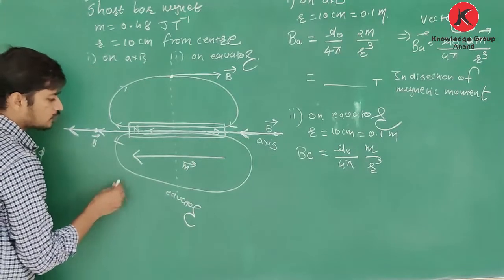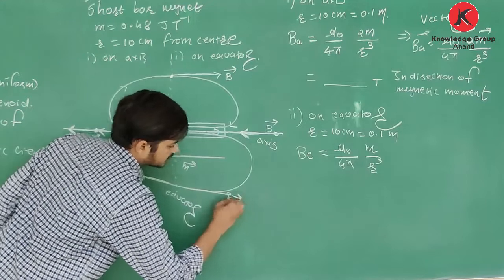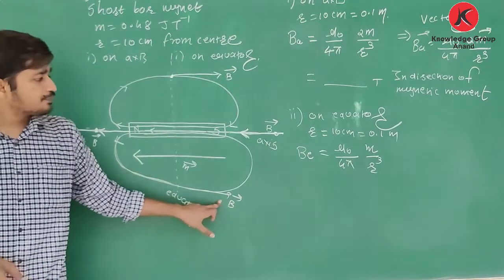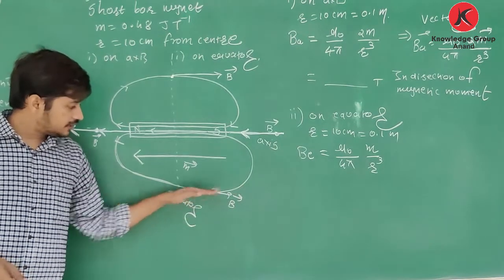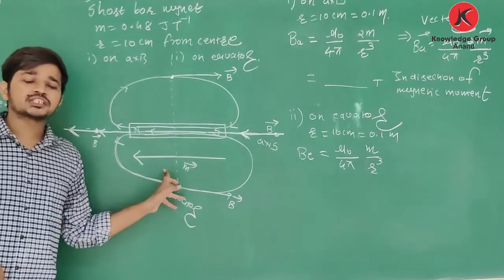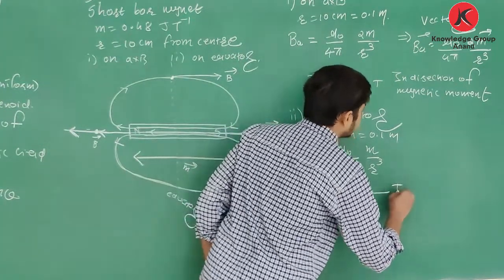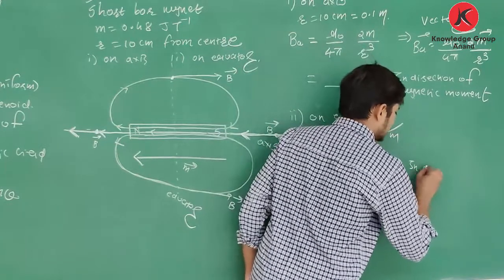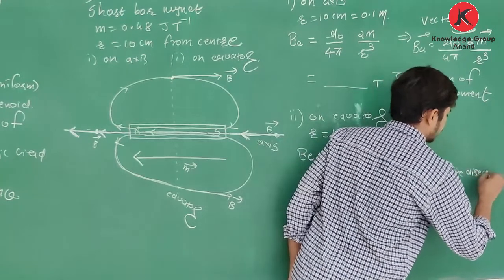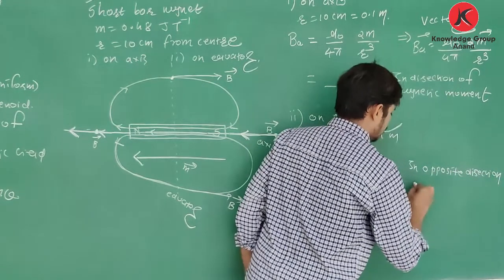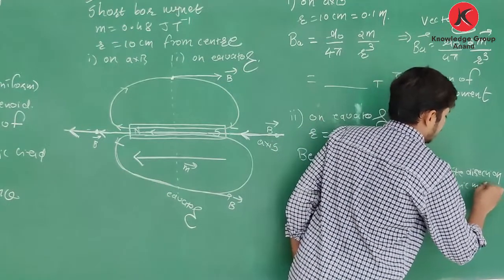From the north pole outside, at this point on equator, it is in the direction of the tangent. From the figure it is clear it is in this direction, which means in the opposite direction of the magnetic moment.